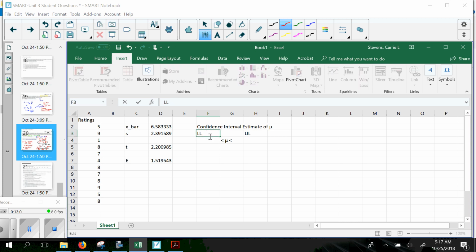The lower limit would be the sample mean x bar minus E, so I'm going to take the sample mean minus E, and the upper limit would be the sample mean plus E.